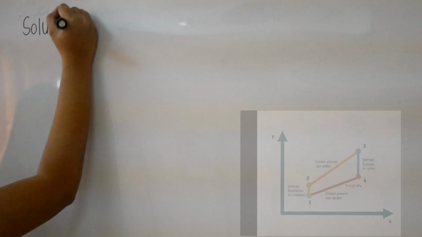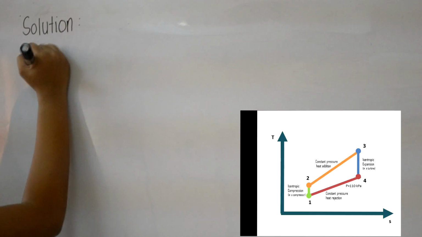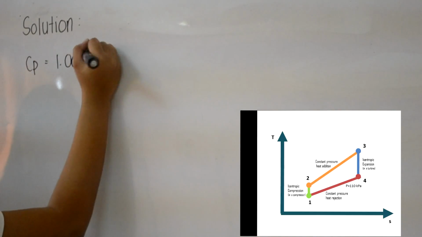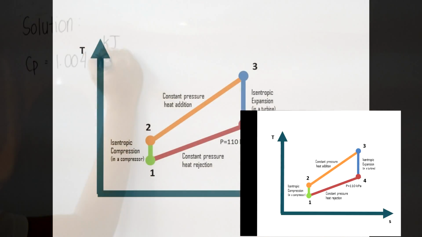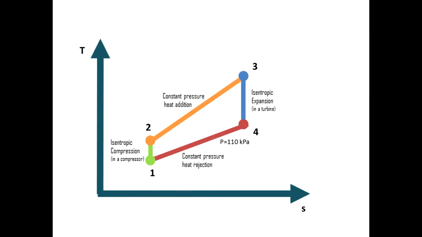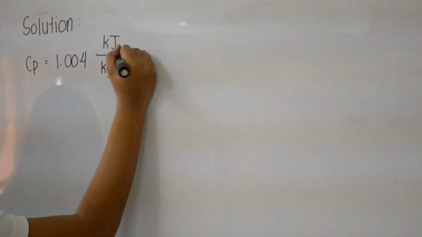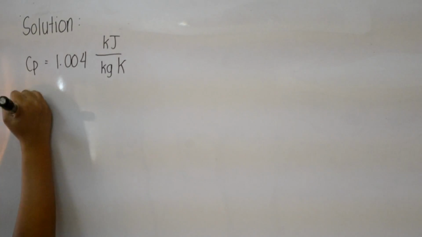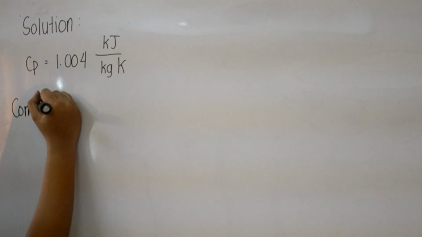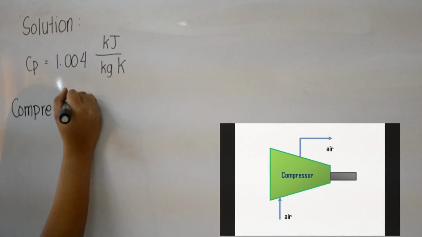In solving the given problem, the heat capacity of air is 1.004 kJ per kilogram Kelvin and assumed constant throughout the process. Isentropic compression in the compressor occurs between state 1 and 2 of the process.